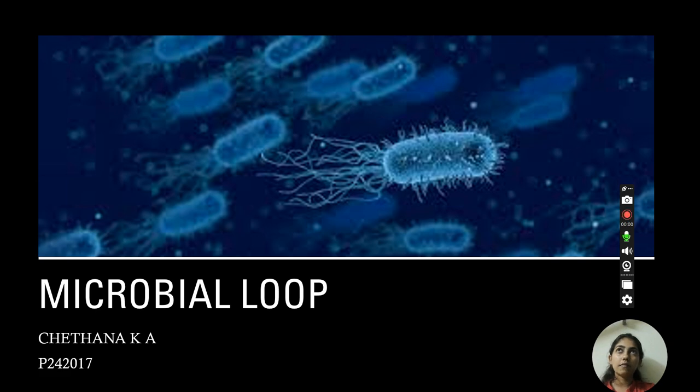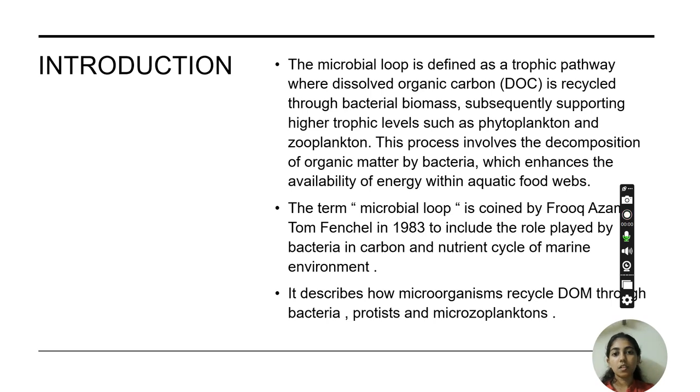So as a definition we can say that microbial loop is defined as a trophic pathway where dissolved organic carbon is recycled through bacterial biomass, subsequently supporting higher trophic levels such as phytoplankton and zooplankton.